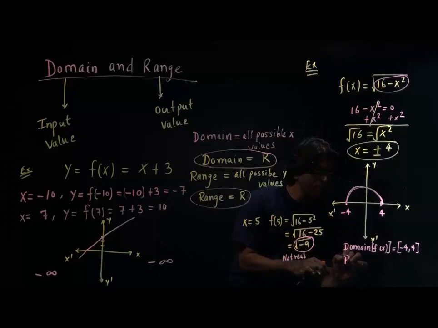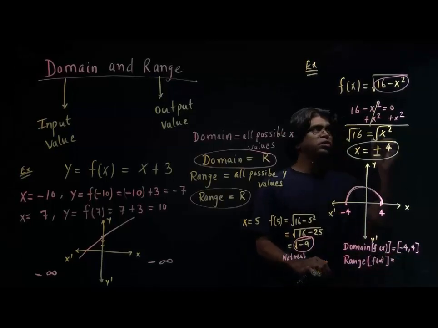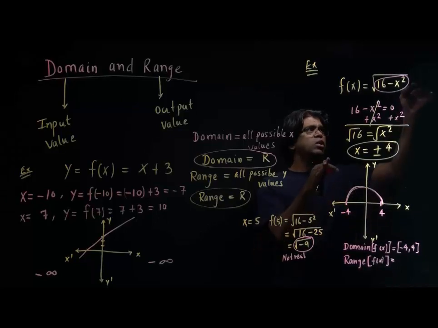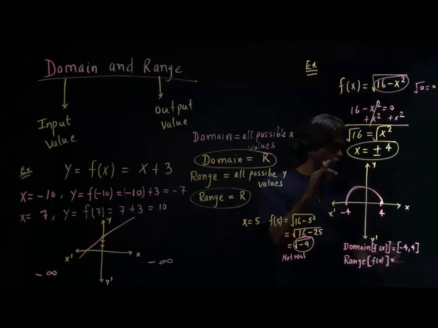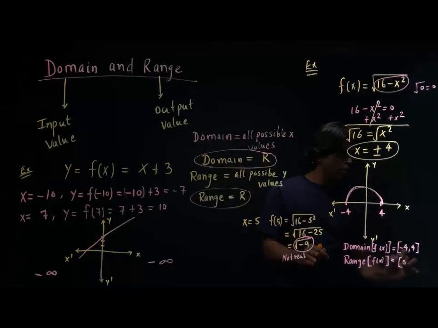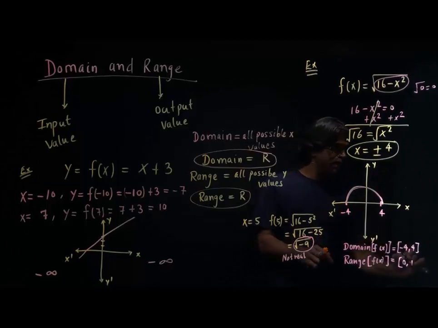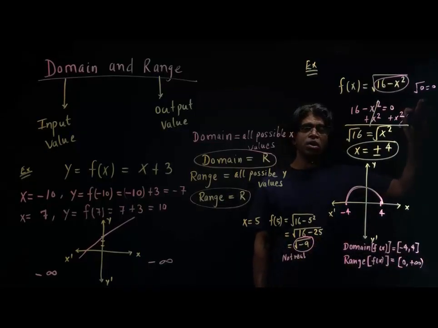So the range of f(x) is basically what? All the values that I can find as a square root, and the lowest value that I can find as a square root is the square root of 0, that gives me 0. So my lowest value will be 0, and I can go all the way to positive infinity, because I am able to find the square root of any value that is equal to 0 or more than 0.